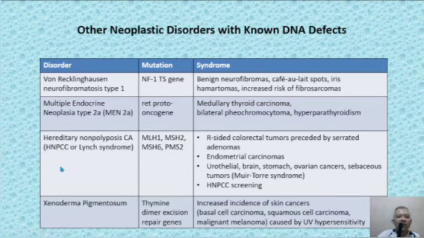Lynch syndrome, or non-polyposis CA, will eventually lead to colorectal tumors because of mutation of these genes. And xeroderma pigmentosum, because of difficulty repairing thymine dimers, leads to increased risk for skin cancer.